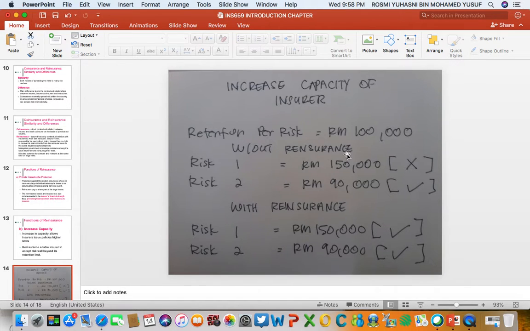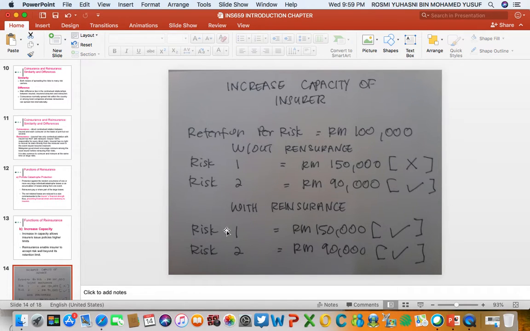Without reinsurance, for example, for risk number one, if the sum insured is 150,000, they are not able to accept risk number one because 150,000 is more than 100,000. So they cannot accept this risk. For risk number two, with a sum insured of 90,000, they can accept it because 90,000 is lower than their retention level. Okay, so without reinsurance, they can only accept risk 2, but they cannot accept risk number 1.